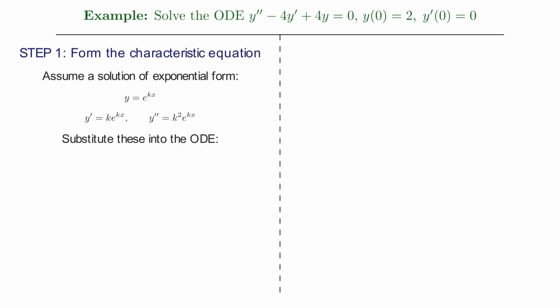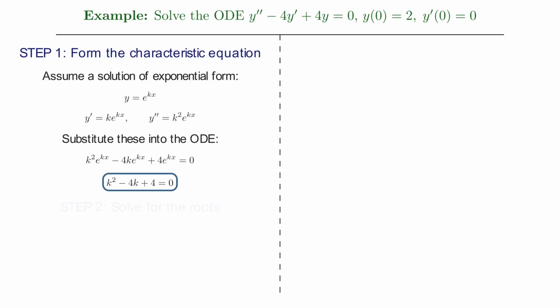This gives us k^2 e^(kx) - 4k e^(kx) + 4e^(kx) = 0. Since e^(kx) is non-zero, we can divide by e^(kx), and we get k^2 - 4k + 4 = 0.